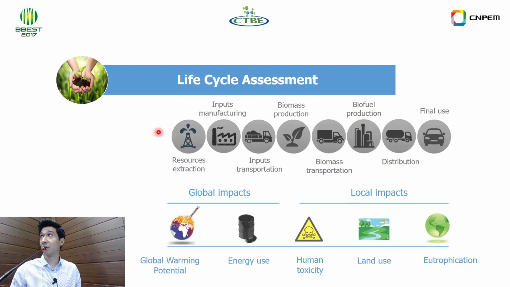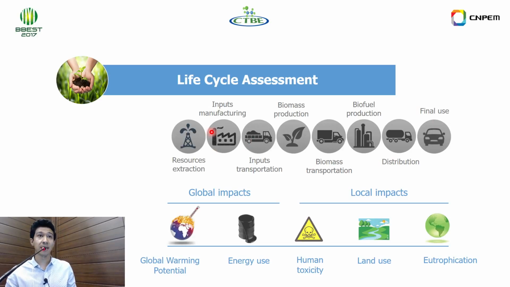First, for those who don't know this kind of assessment, basically we can simulate, for example, the inventory, which means the materials and all the energy used through the whole process, since resources extraction, passing through input manufacturing, inputs transportation, biomass production, and then we transport it, convert it into a product, and then we distribute it, for example, ethanol, and then we finally use this product in fuel engines, for example.